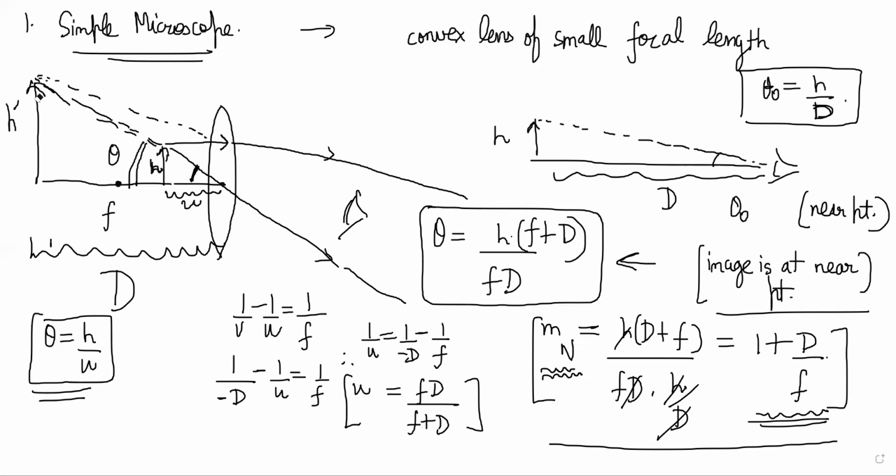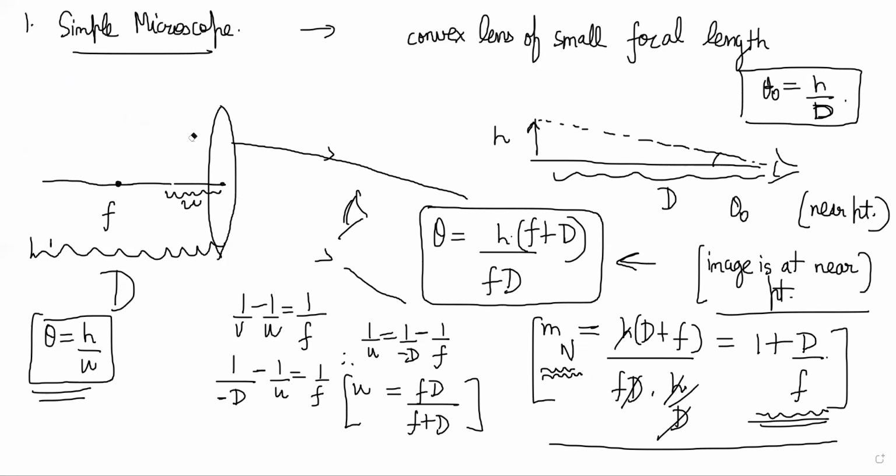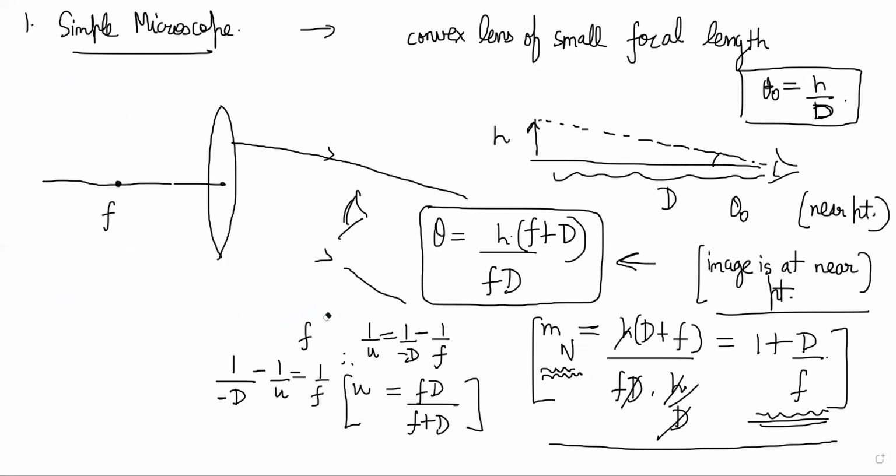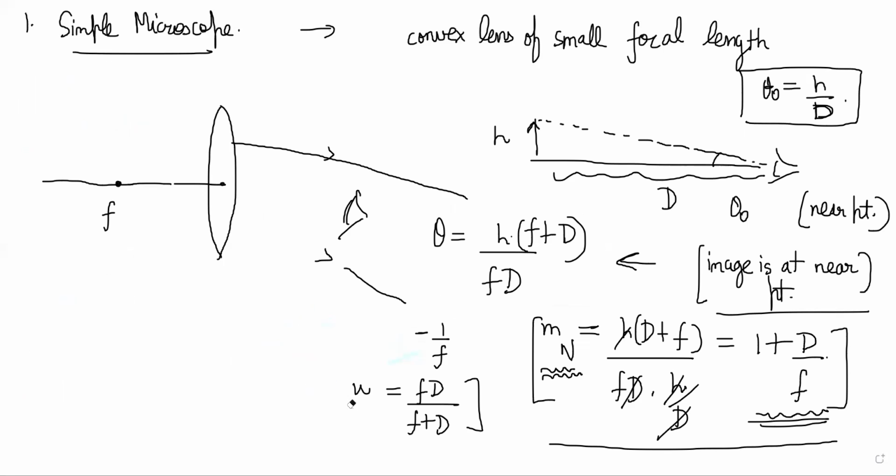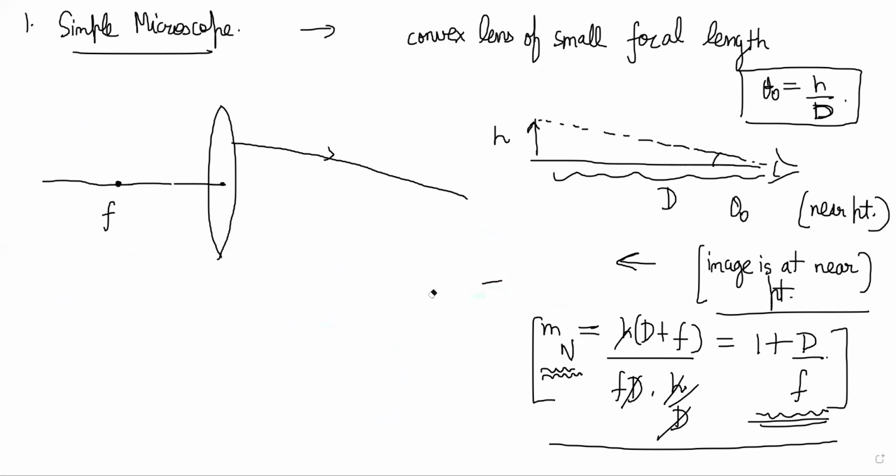Okay, so you could have done the same experiment in a slightly different way, where you would have placed the object at the focus. If you place the object at the focus, then the image would be at infinity behind. That would be the far point image. Like this is the object at the focus. So you have something like this, and you have rays that go like this, another set of rays that go like this.